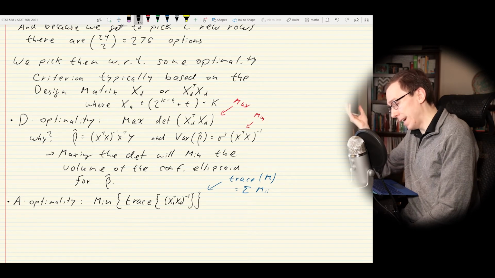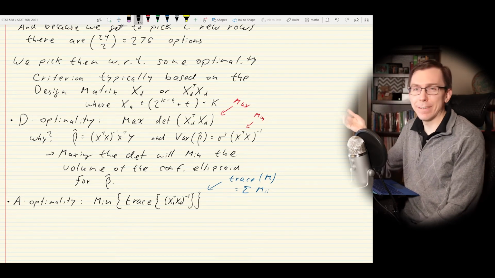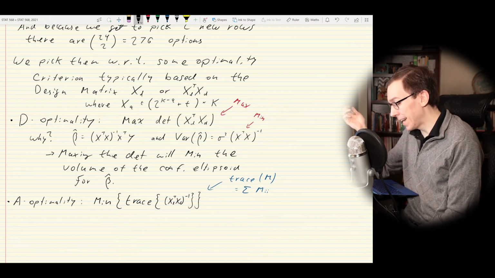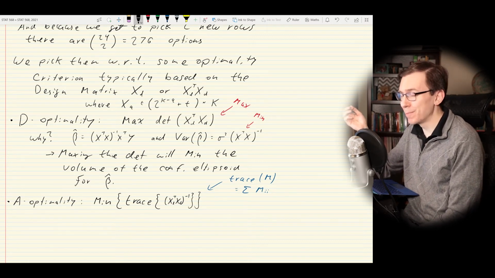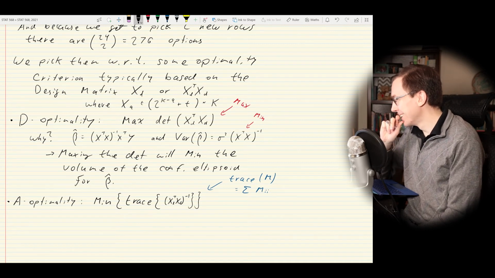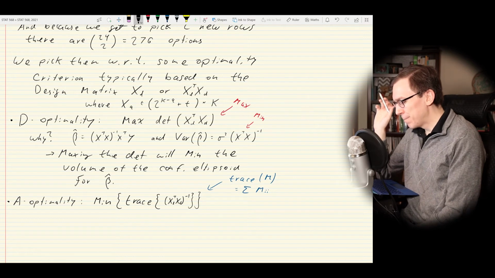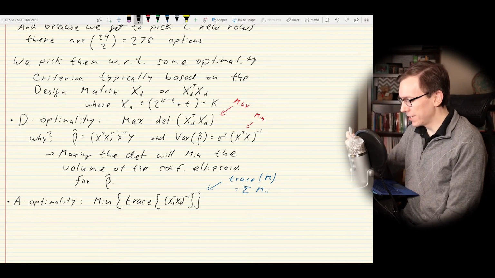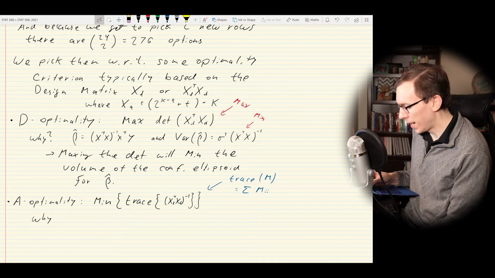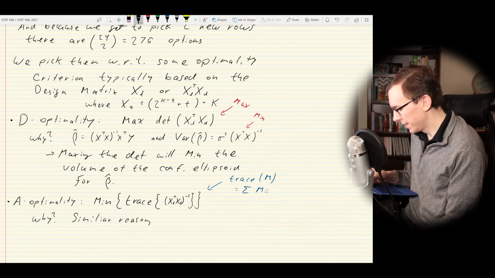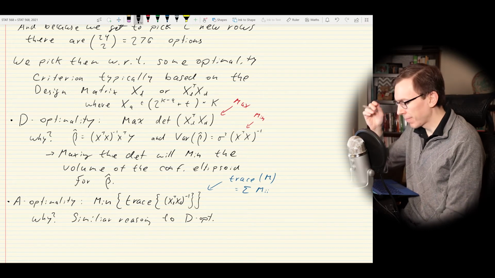Now, x transpose x will necessarily have positive entries on the diagonal, so this has to be non-negative. It should be positive. If it was 0, that would be bad, and we don't want that to happen. But the reasoning is very similar to D-optimality.